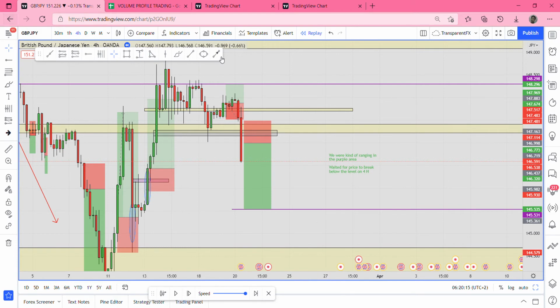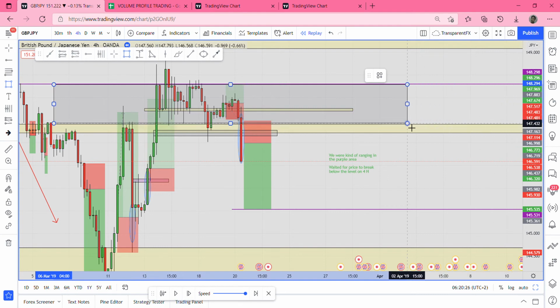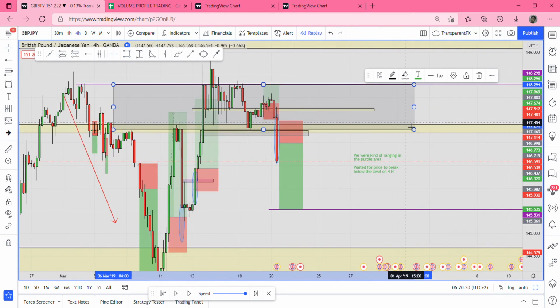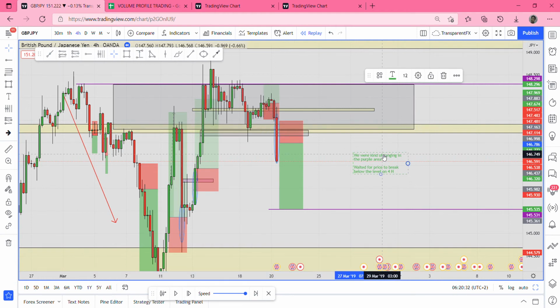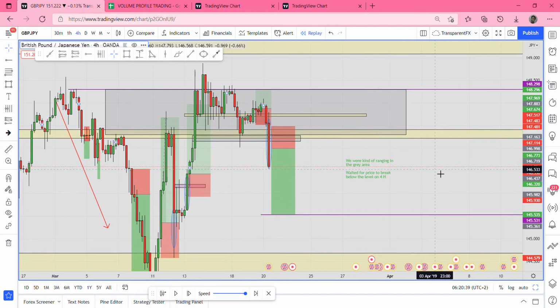So it was literally this entire candle that inspired the push down. I just want to draw this purple area so I can have it. So it's this entire zone. Okay, it's not even purple, but let's change it to gray. Gray, perfect. Gray area. Saved, cool.